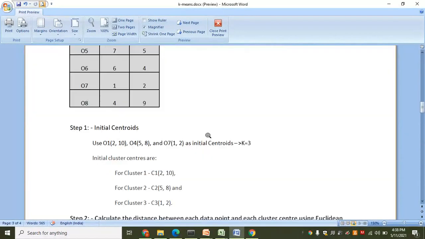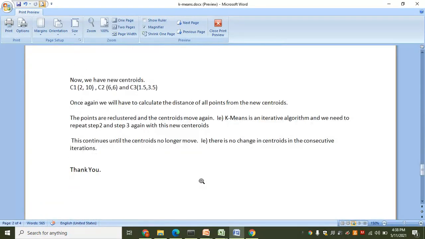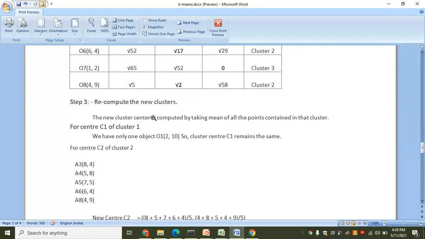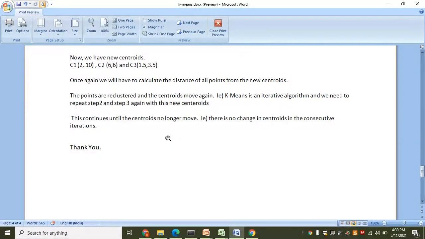See, now the centroids are moving from (5, 8) and (1, 2) to (6, 6) and (1.5, 3.5). Similarly, if you calculate the distance once again, the centroids will move, because k-means is an iterative algorithm and we need to repeat step 2 of calculating the distance and step 3 of recomputing the new clusters with new centroids. And this continues until the centroids no longer move.